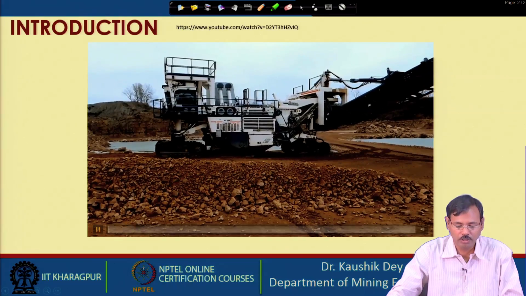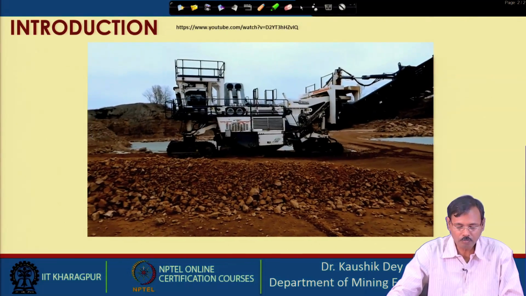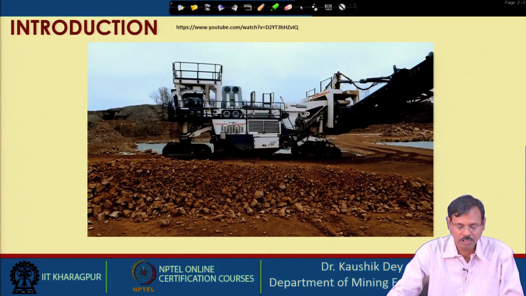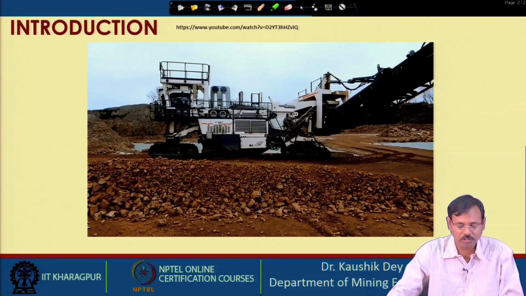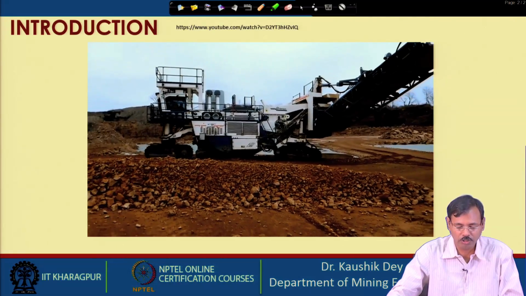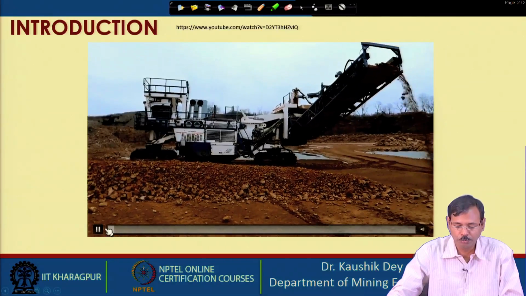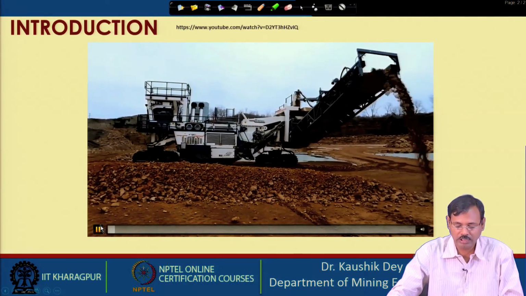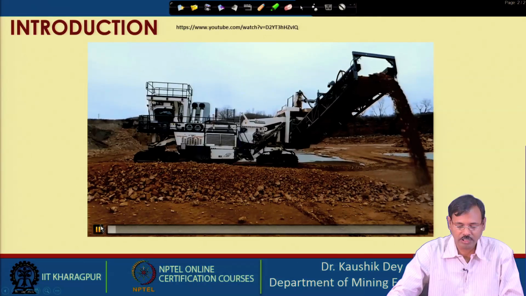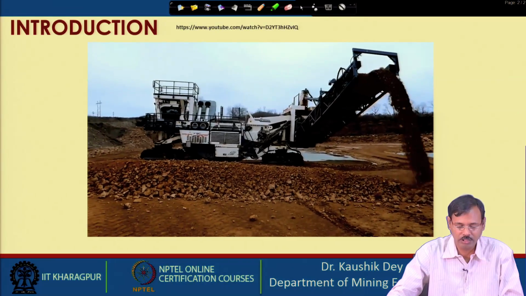This is the video of a quarry, and this machine is called a surface miner, which, as you can see, is a 4 crawler mounted machine having a discharge boom which discharges the cut material. After cutting, the material is being discharged.